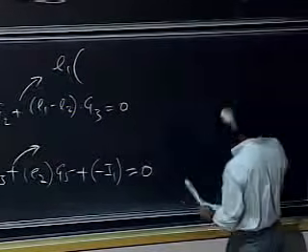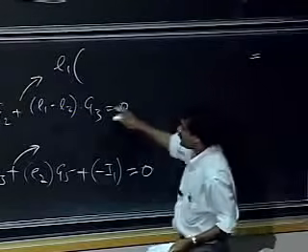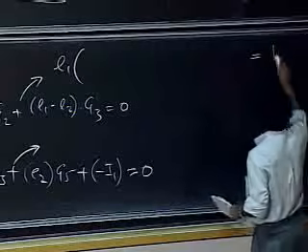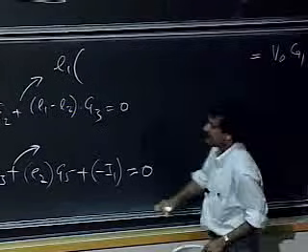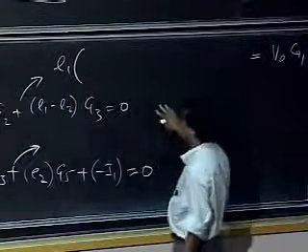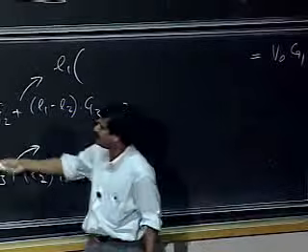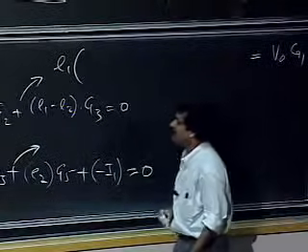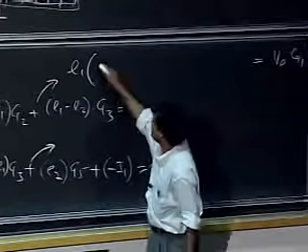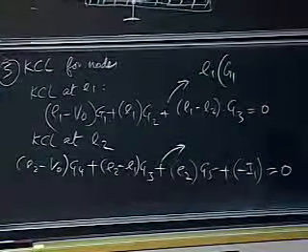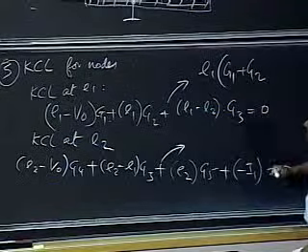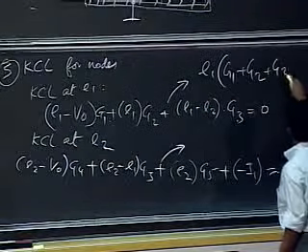And from this equation, I have a V0 G1, which comes out here. So minus V0 G1 comes over to the other side. And let me collect all the values that multiply E1. So I get G1 as one example, I have G2, and I have G3.